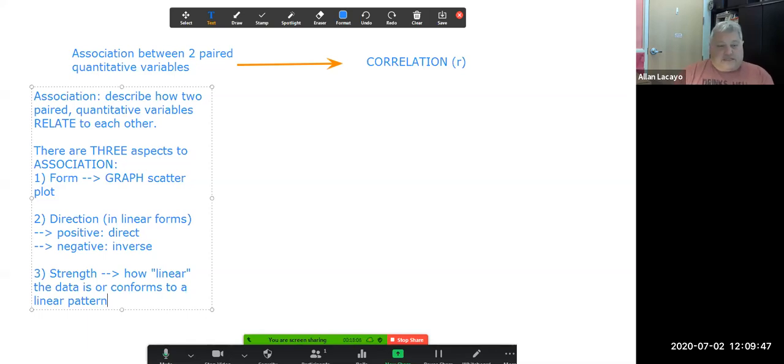So one of the statistics that we will use to compute how strongly X is able to describe or help us predict what Y will be is called the standard error statistic. That gets introduced in this chapter.